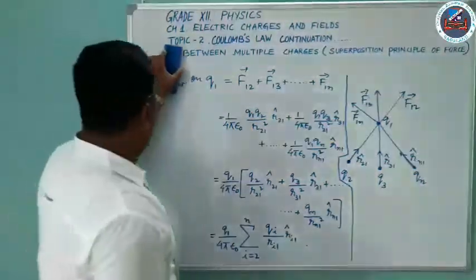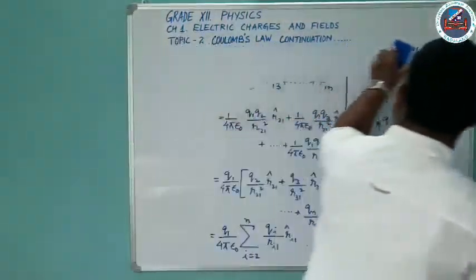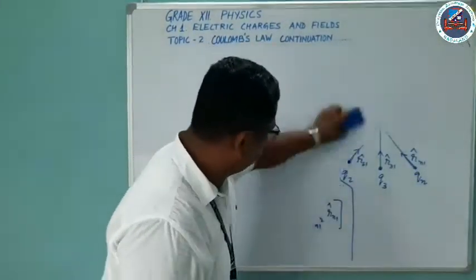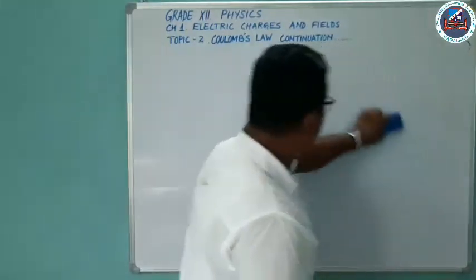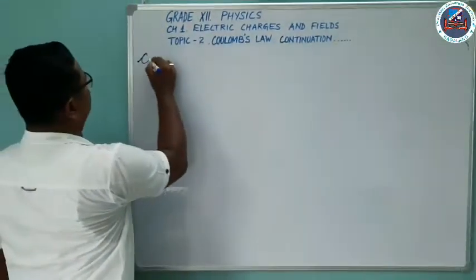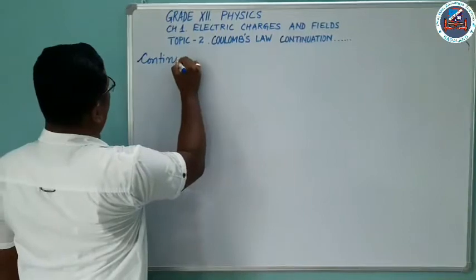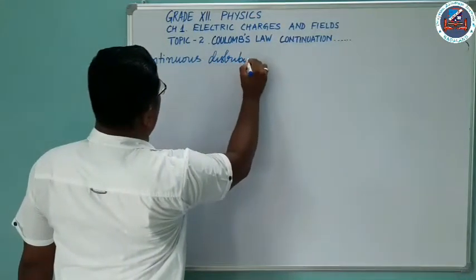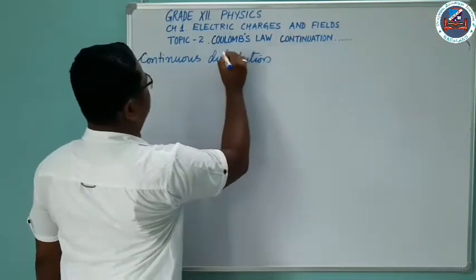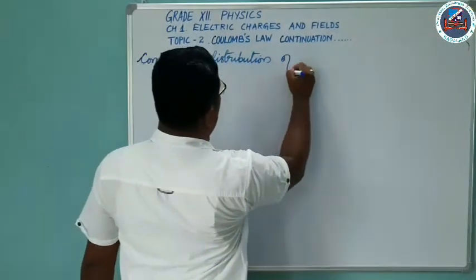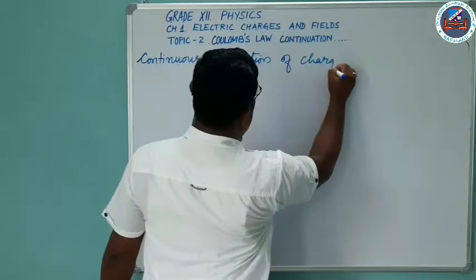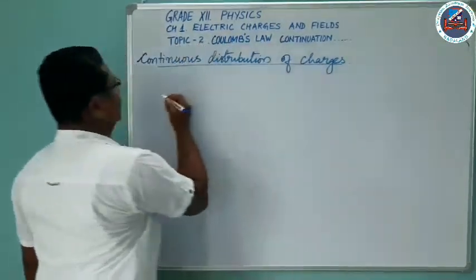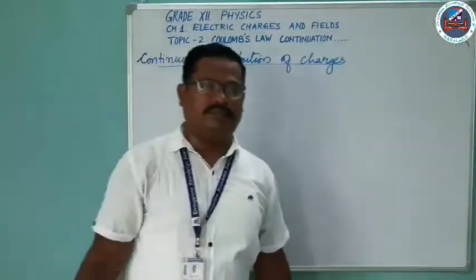I'll write the heading. Continuous distribution of charges. There are three types of distribution of charge.